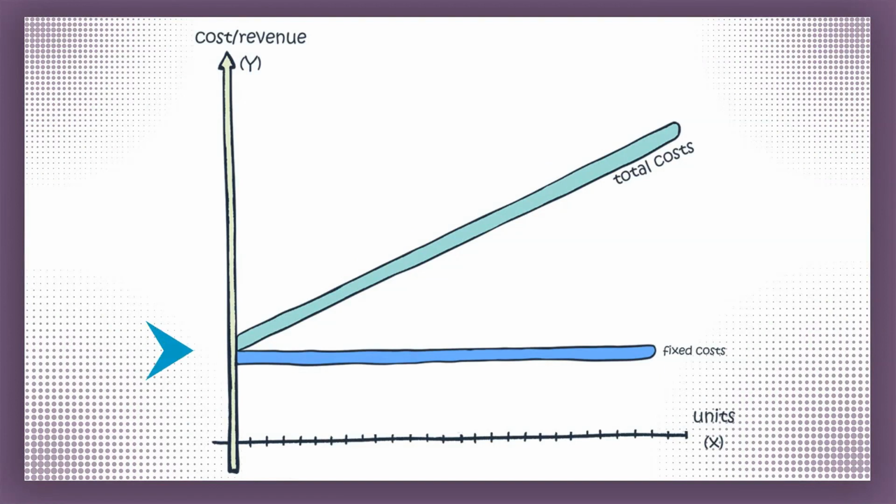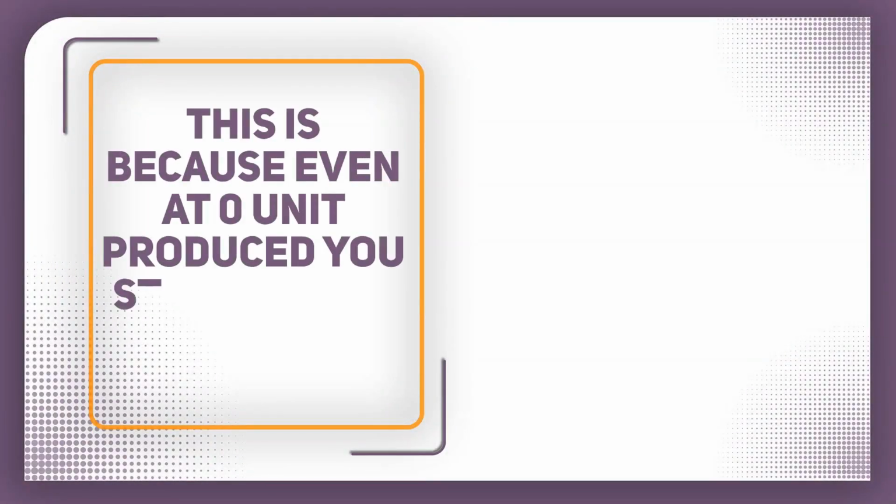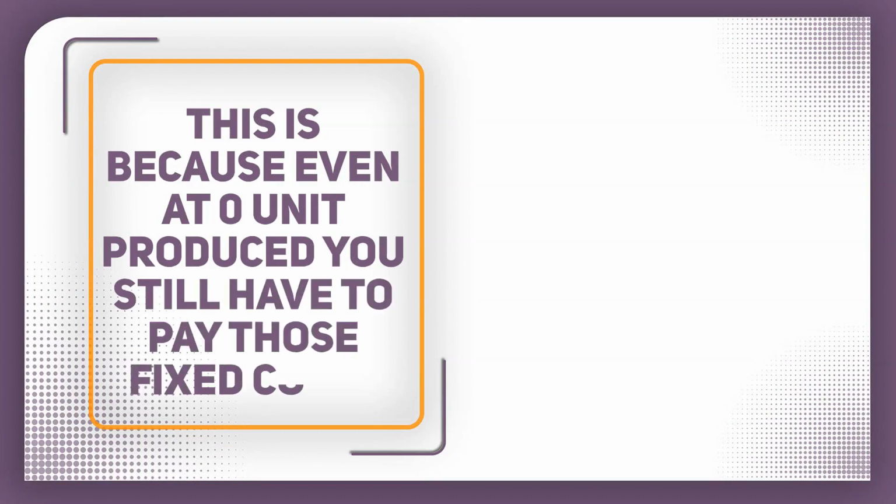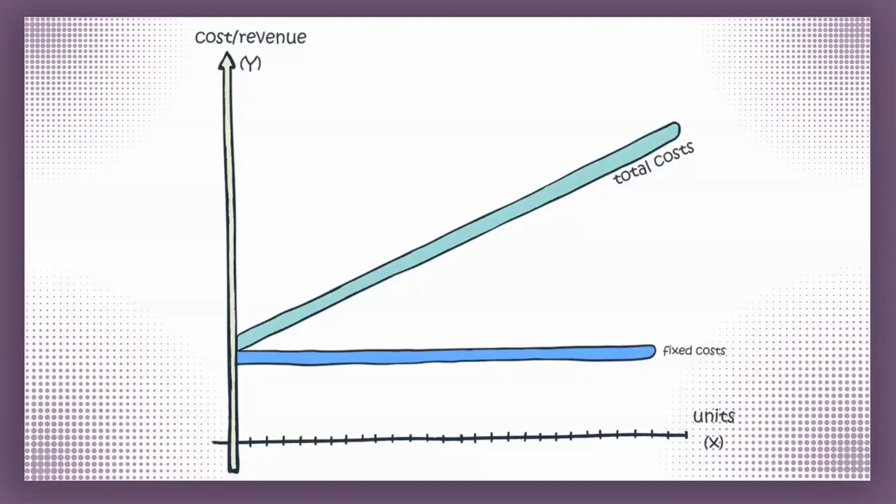If you look closely, you see that the total cost line starts from the same point as the fixed cost line on the y-axis. And this is because even at 0 units produced, you will still have to pay those fixed costs. Those costs that are hanging over your head. Those costs that must be paid, which might be why we sometimes refer to these as overheads.